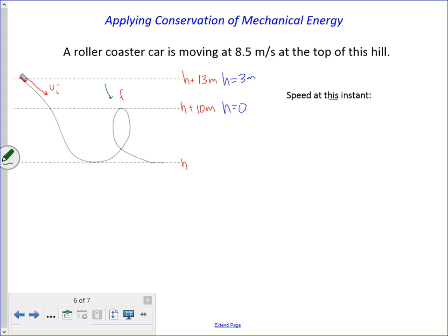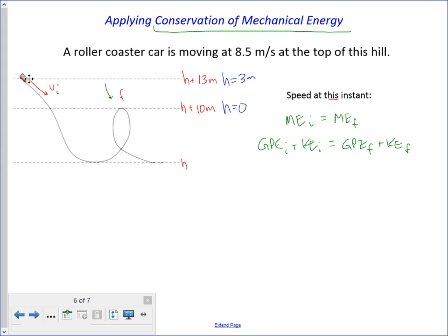If we're applying conservation, that assumes mechanical energy is conserved. So this is GPE initial plus KE initial equals GPE final plus KE final. Now, the initial kinetic energy does not go away, because it has a non-zero initial velocity.